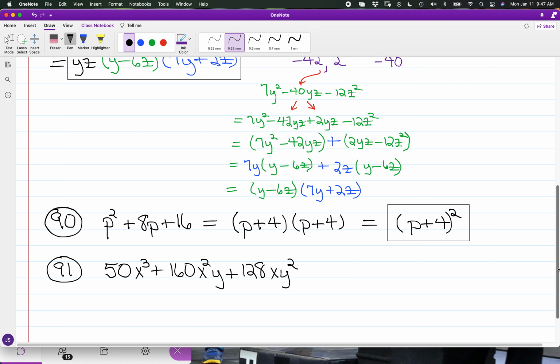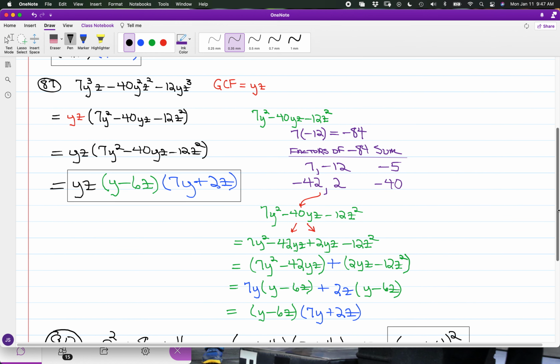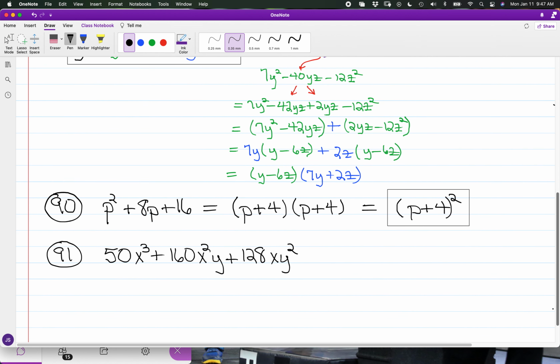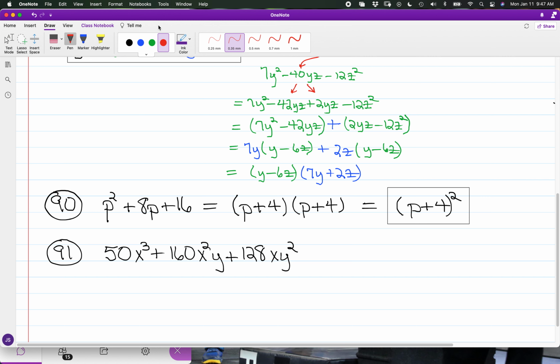And just like how we started out with number 87, there's a greatest common factor to pull out before we even factor out any binomial expressions. We have even numbers throughout for the coefficients, and so into 50, 160, and 128 we have 2, and then of x cubed, x squared y, and xy squared, there is only x in common. So the greatest common factor is going to be 2x.